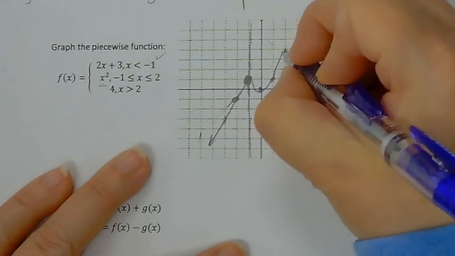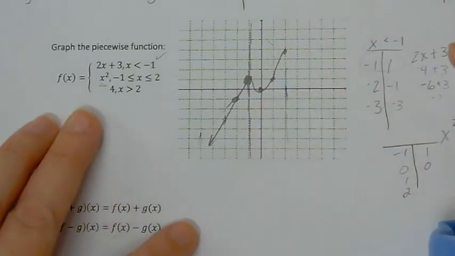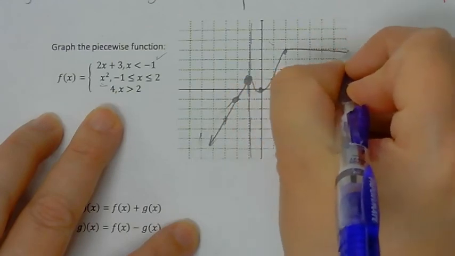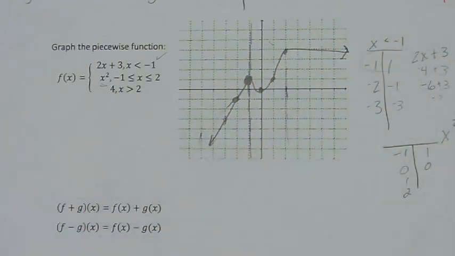So it looks something like this. And then the last function, where x is greater than 2, is at y equals 4, so it looks something like that. So we've created a new function by piecing together 3 different functions, and that's a piecewise function.